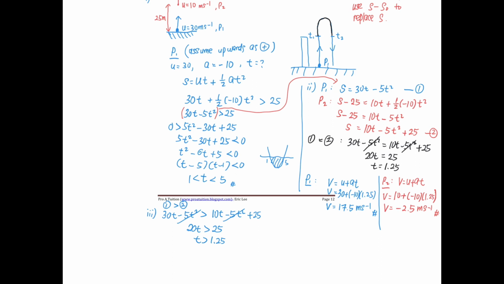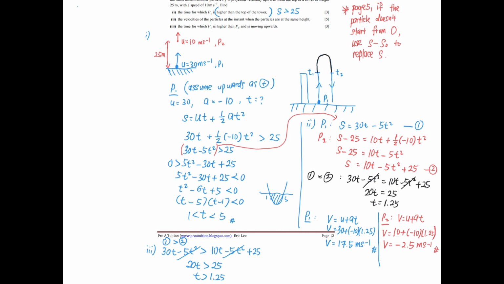Okay, so the second condition given here, you see the question again. We already settled the first part. The time for which P1 is higher than P2, we already know t is greater than 1.25. And now the second condition given by the question is P1 is moving upwards.